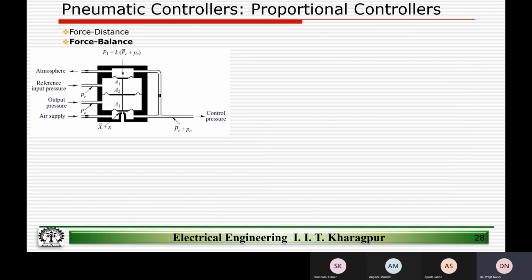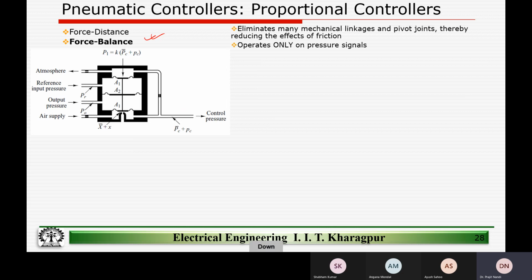Now there is one more kind of proportional controller, given by the name of force balance. Here, there is as such no movement of the input signal. There is no flapper here wherein you are displacing the flapper position.